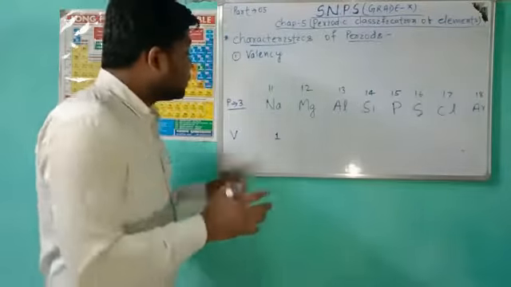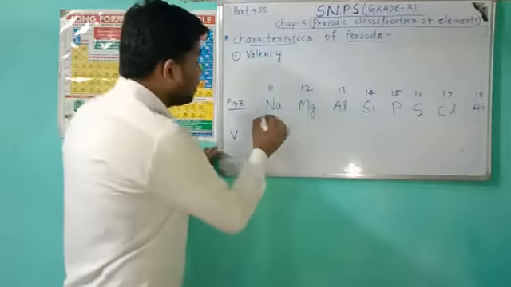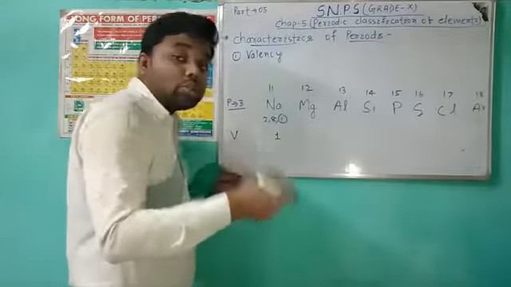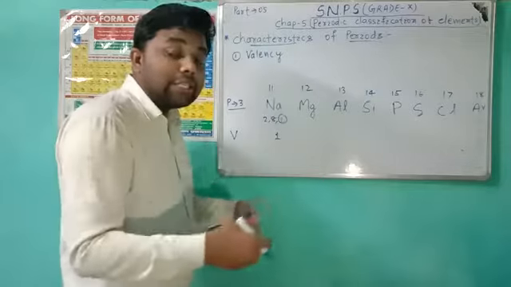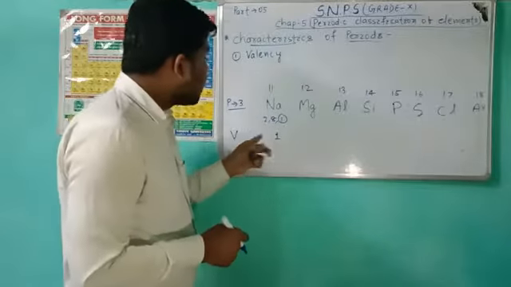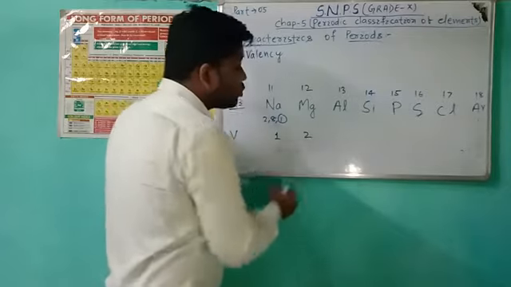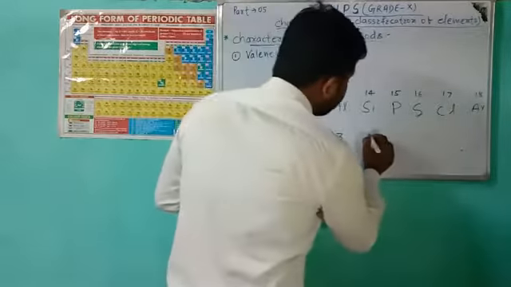So here the valency of sodium is 1 because its electronic configuration is 2, 8, 1 and it can lose 1 electron to complete its octet. So it has a valency of 1. Again, magnesium has the valency 2, aluminium has the valency 3 and silicon has the valency 4.